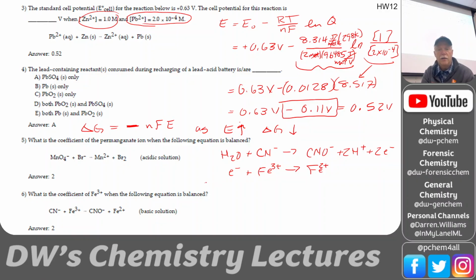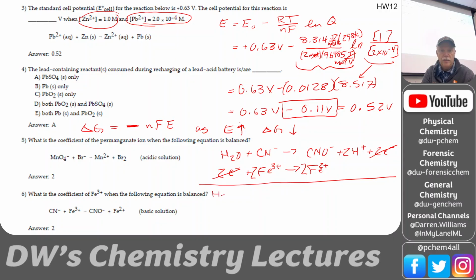We're reducing the iron. Then we're going to match the electrons and add everything down. So on this one, we're going to multiply everything by 2. 2 electrons, 2 iron 3s, 2 iron 2s. And then we'll cancel the electrons. We've got the handshaking all taken care of.